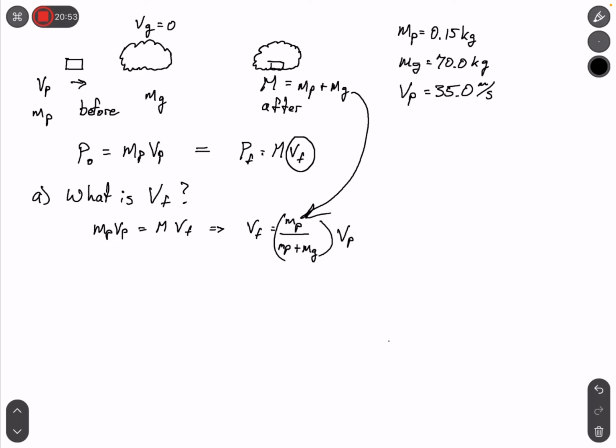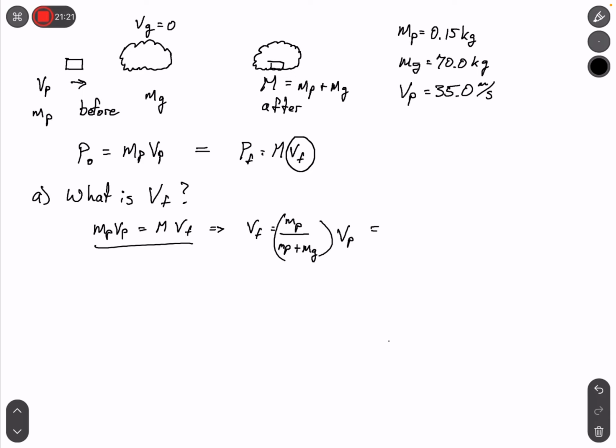So I rewrote that equation here. V final equals mass of puck divided by mass of puck plus mass of goalie, times the velocity of the puck. So what is that?